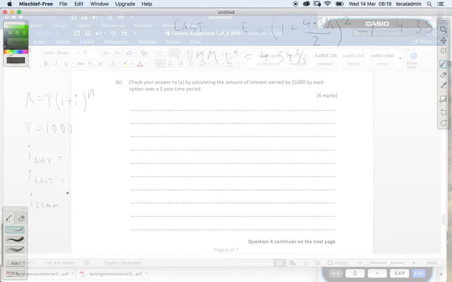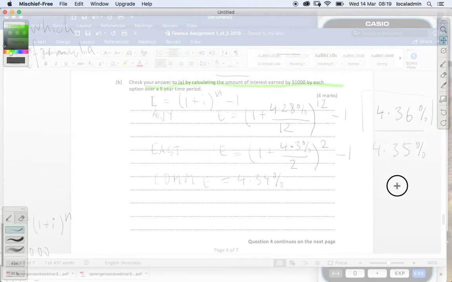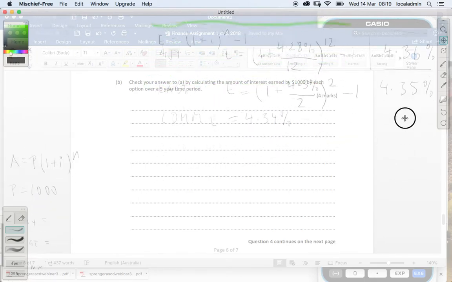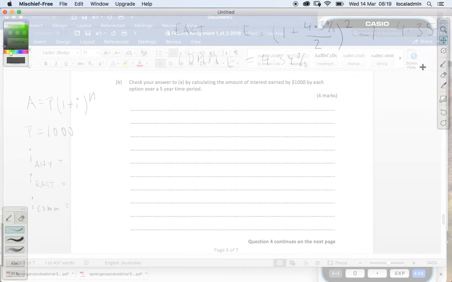What did we say, 4.34? Let's just bring that up again, 4.28, sorry, 4.28. It's the nominal one that you are using. You're not using the effective one. Well, you can, but then you need to do it 5 times.